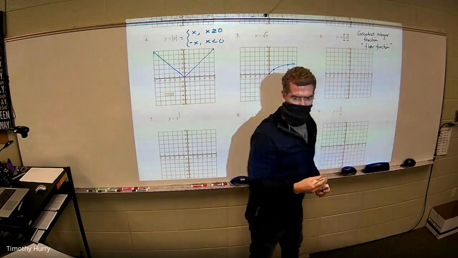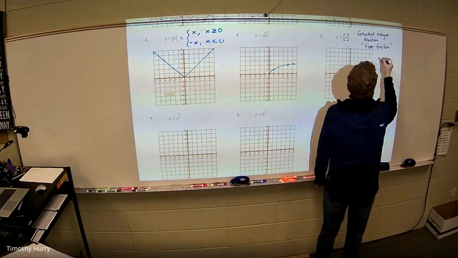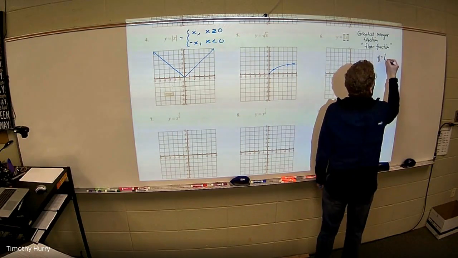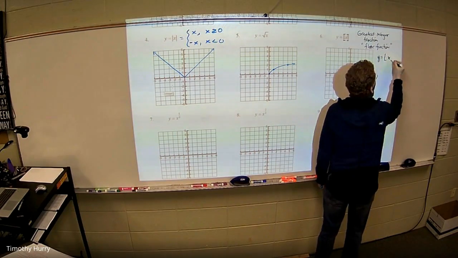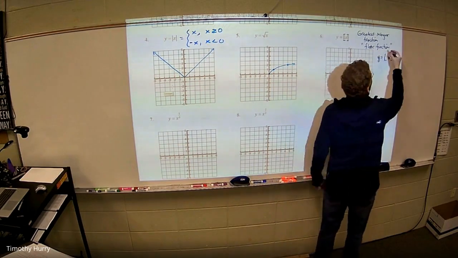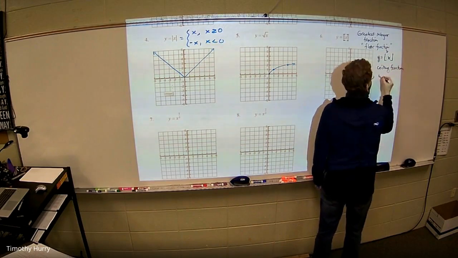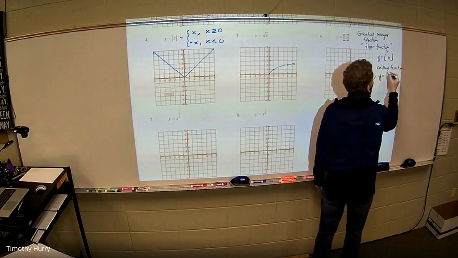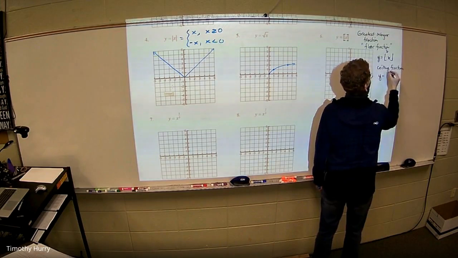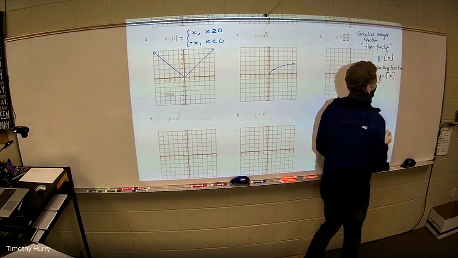A floor function could also be written like this, with just that. And while we're at it, I'll just mention a ceiling function, and I'll tell you what these are. A ceiling function can be written like this as well.